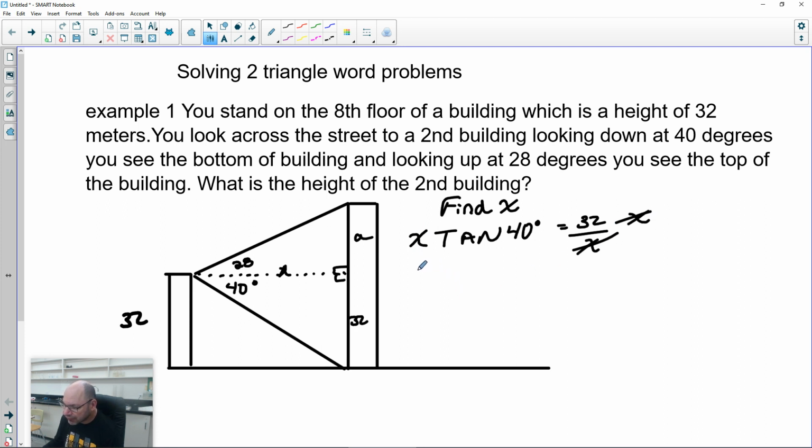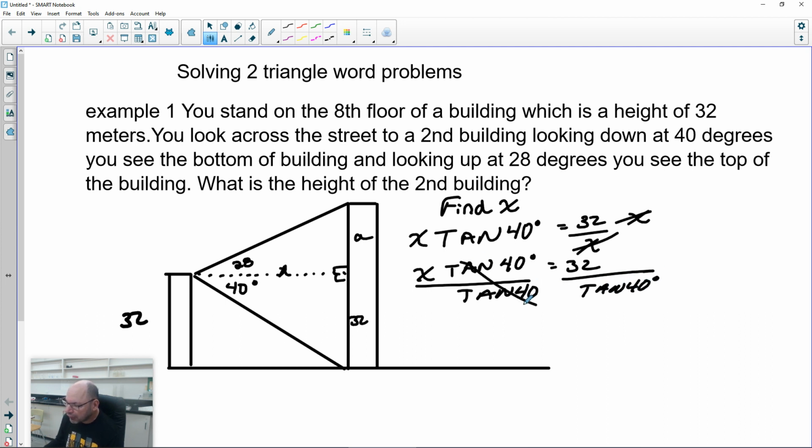Then we're going to get X tan 40 equals 32. So we're going to divide by tan 40 to get our X.